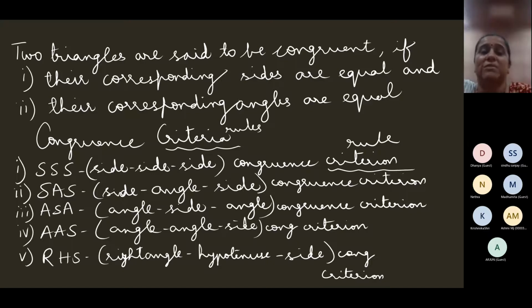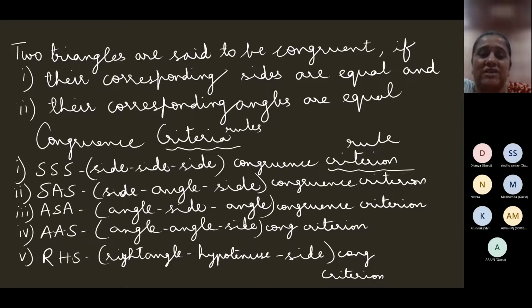If you have to check all the 6 aspects, then more information should be given. So with the limited information, using these rules, you can easily check if the two triangles are congruent or not. That is, identical or not.